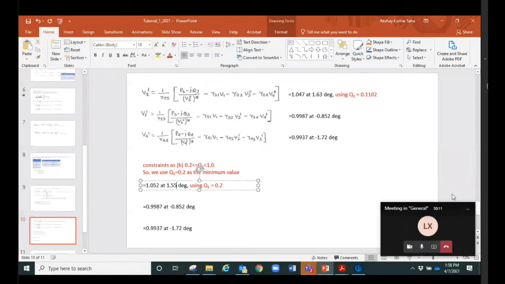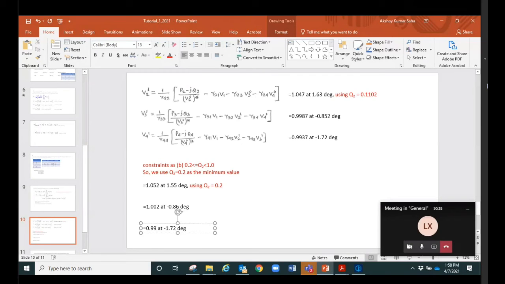You must do it at home by yourself, otherwise you'll never understand how it is going on. And for V3 it will be 0.9992 at an angle 1.33.